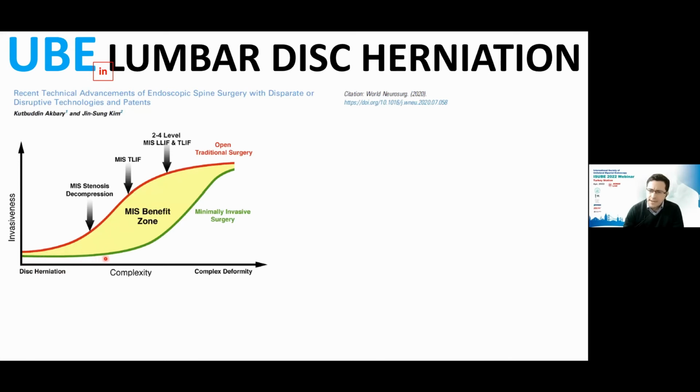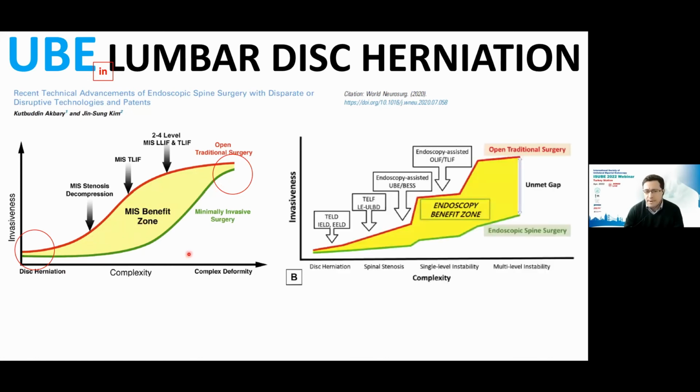These benefits increase with MIS surgery as complexity increases, and finally, in the last part of the curve, open traditional surgery and minimally invasive surgery come together again. Fortunately, endoscopic spine surgery is changing the rule.